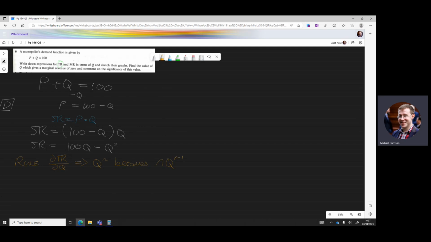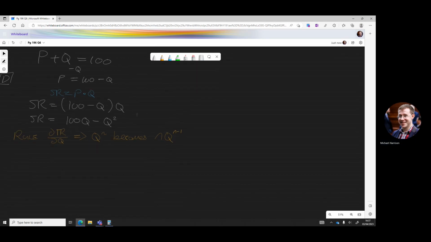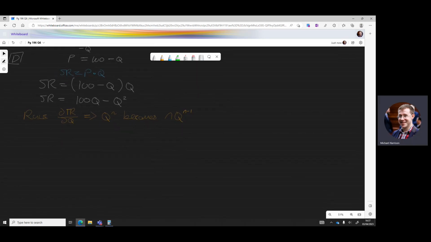That's the differentiation rule. So I times by the power, then I reduce the power by 1. This probably makes more sense if we actually write it out. So I'm going to move the board up a wee bit.